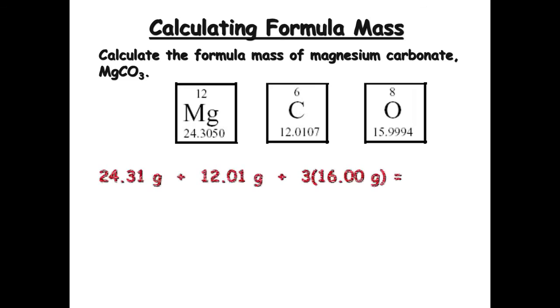So what I mean by that is when we look at this, so 24.31 is magnesium, carbon's 12.01, and then oxygen is 3 because there's a subscript of 3, times 16, which is the molar mass. And so when we do this, we come up with 84.32 grams, and that would be the formula mass or the molar mass of magnesium carbonate.